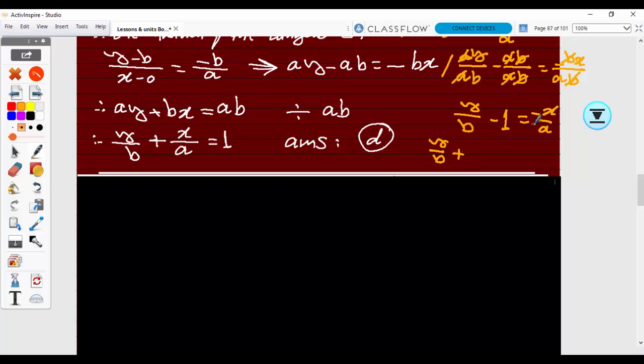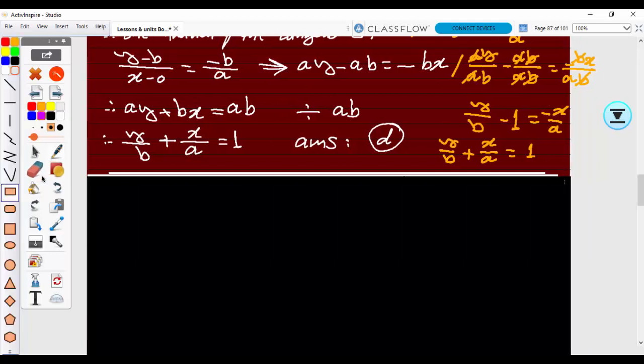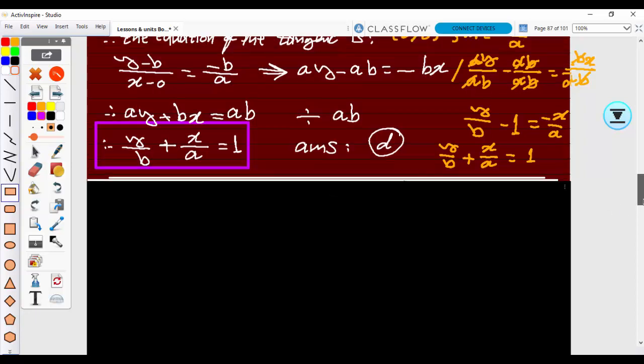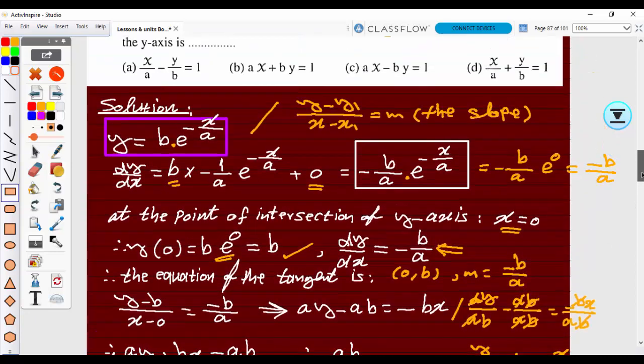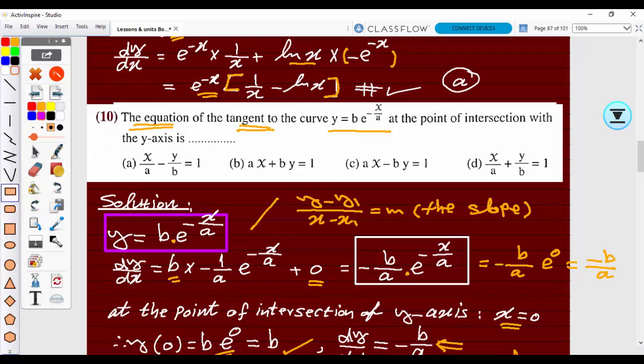Notice the negative sign here. So we have x over a, and negative 1 will be positive 1. So I get this result. It is the equation of the tangent, and this is in letter D here.